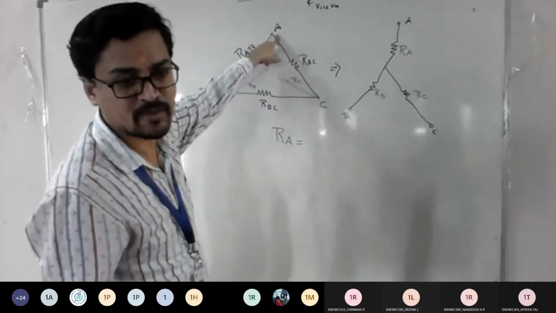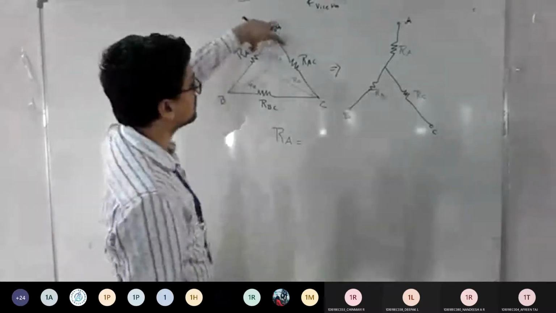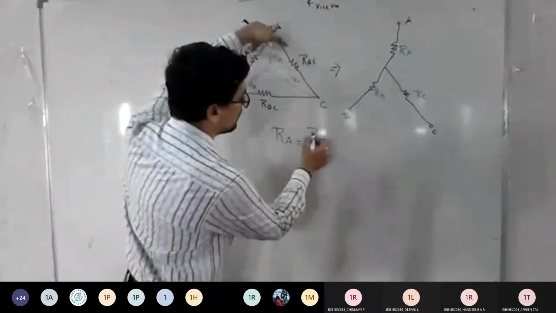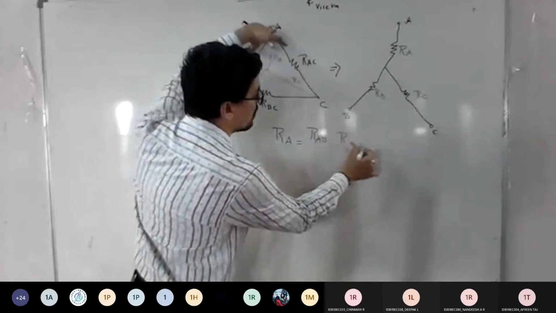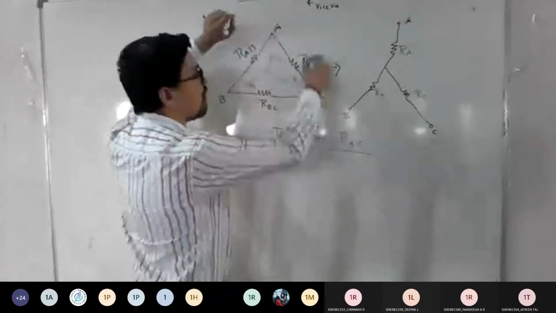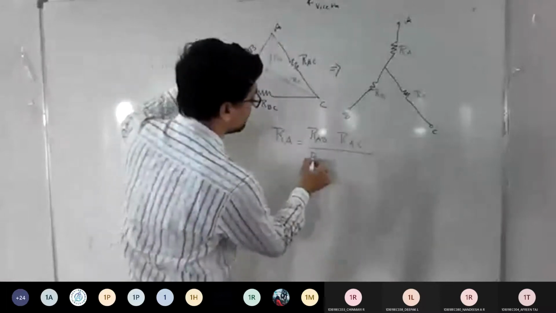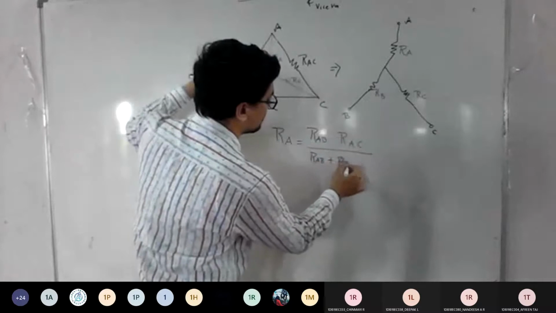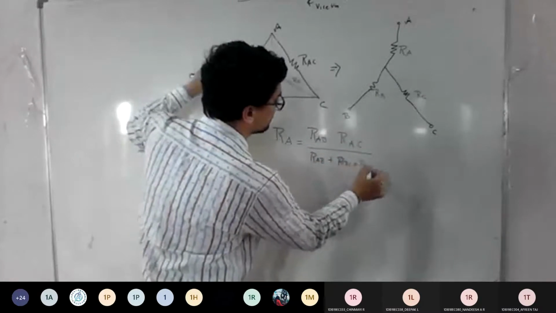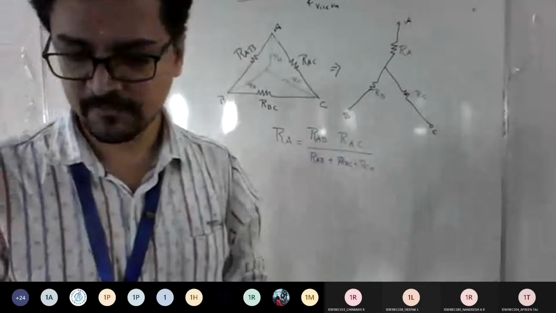So whenever you want to write the formula, RA is equal to the product of these two resistors, RAB into RAC, whole divided by the sum of all the resistors. Sum of all the resistors means RAB plus RBC plus RAC. You got how I wrote the formula for my RA?